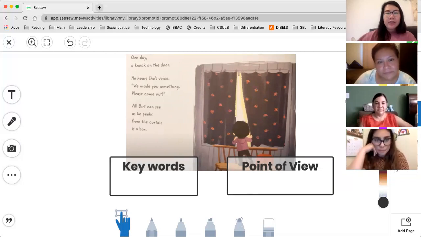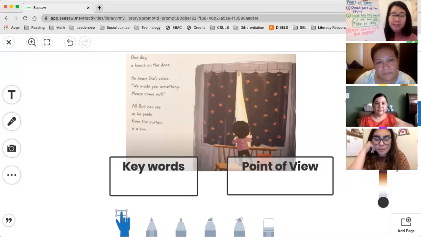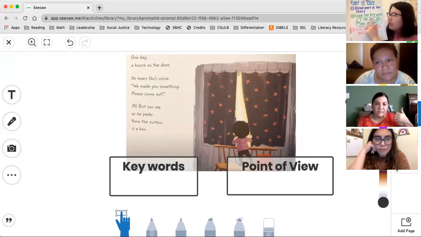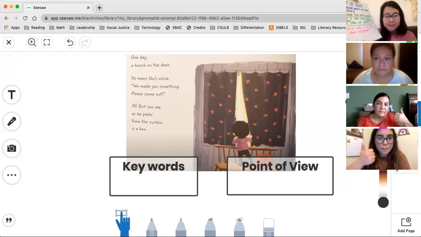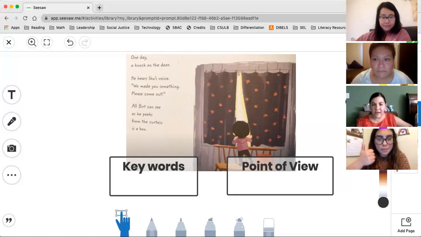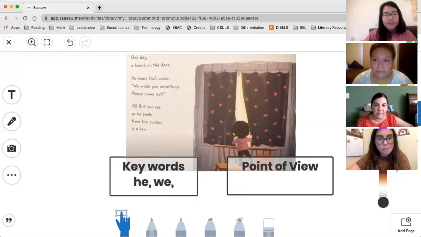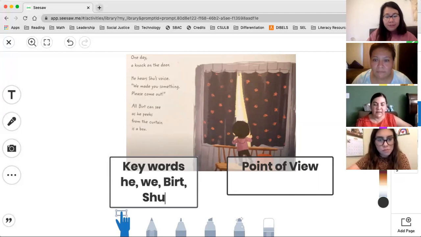So again, what are the key words you hear or see? I, me, my, we, he, she, it, they, or any names? Miss Hernandez? Well, I do see he and we, but I also see Shu's name and Bert's name. Love it. Awesome. I do see all those keywords as well.